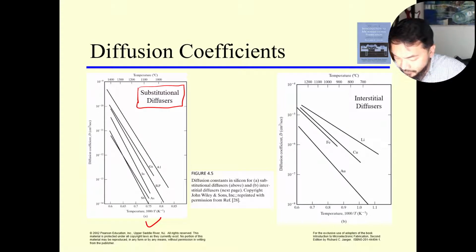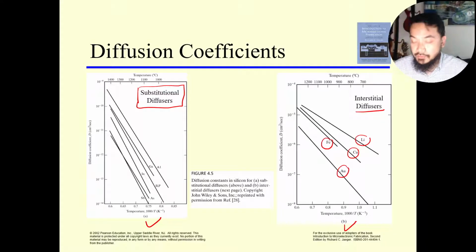On the other hand, interstitial diffusion involves elements such as lithium, copper, gold, and iron. So that's why you never hear people using iron, copper, or gold as dopants. They are smaller in size, therefore they will always experience interstitial diffusion. They will never actually experience substitution.